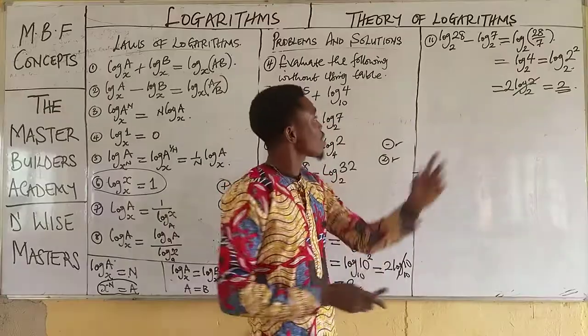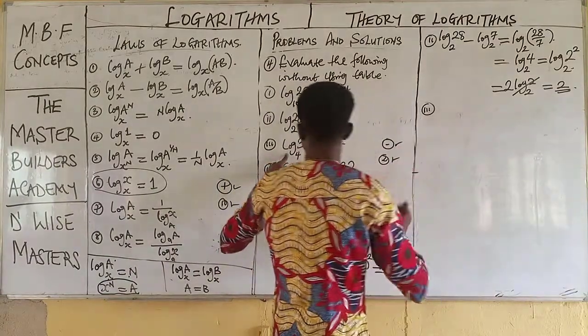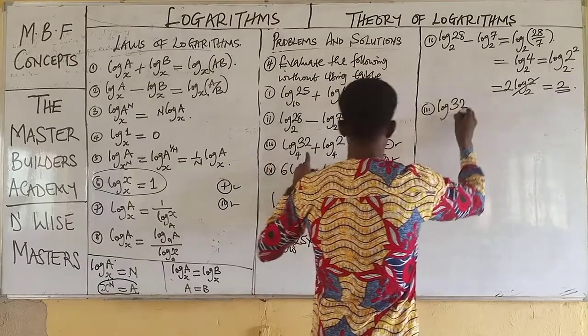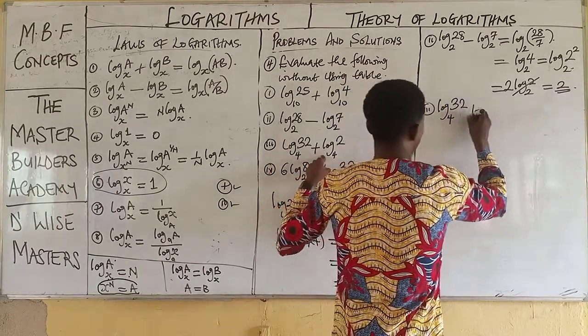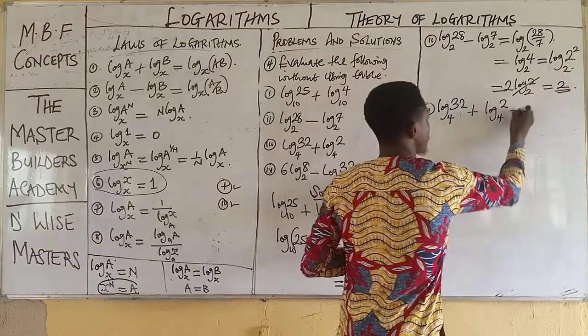Okay, very quickly, let's look at question number 3. Roman figure 3. Now for Roman figure 3, we have log 32 to the base of 4 plus log 2 to the base of 4.